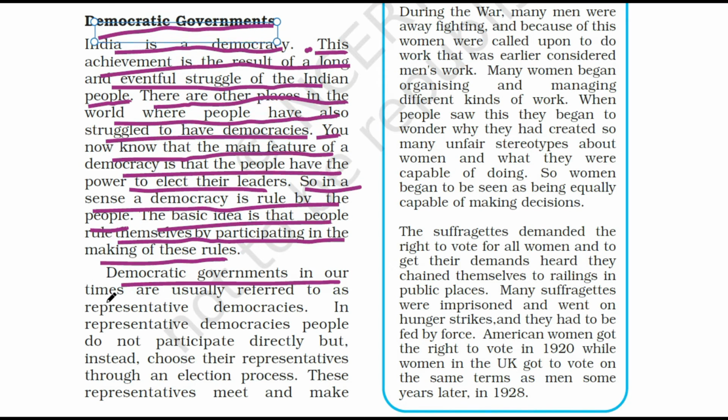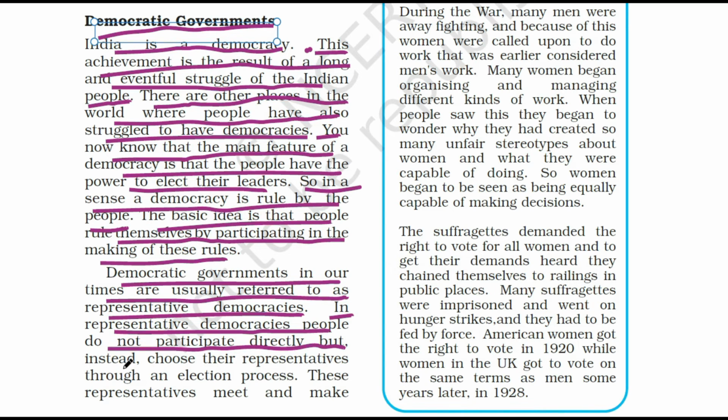Democratic governments in our times are usually referred to as representative democracies. In representative democracies, people do not participate directly, but instead choose their representatives through an election process. So a representative democracy is something where you don't directly do the decision making. You elect somebody who represents you in the government.